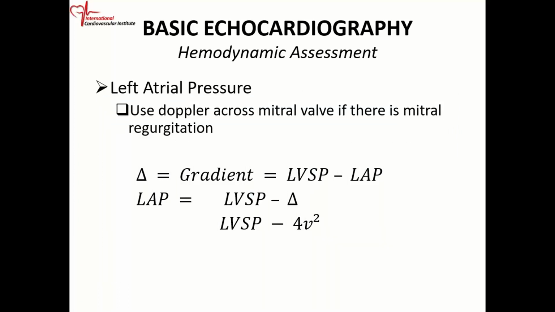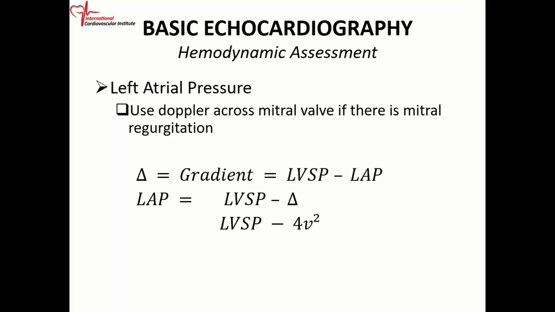So what about calculating the left atrial pressure? Again, these are not just measurements we pull out from thin air. These are measurements that have clinical implication, because when someone goes into heart failure, the left ventricular end diastolic pressure, which the left atrial pressure is a measure of, goes up.